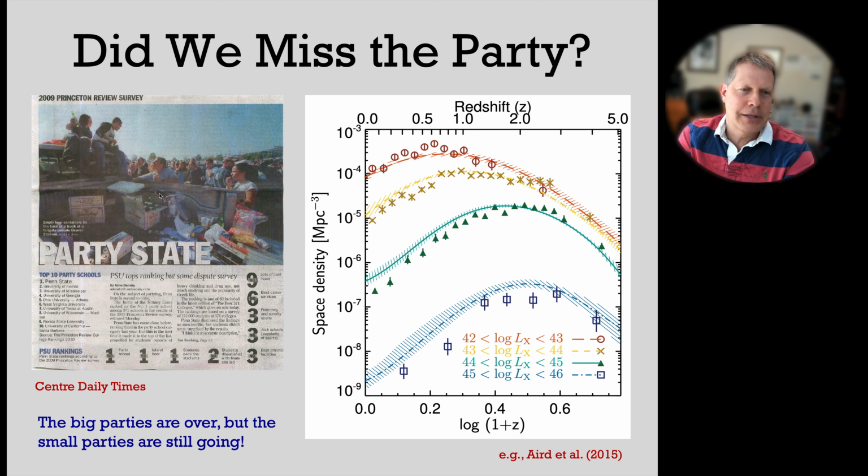So as I tell the Penn State undergraduates, they don't have to worry so much. We didn't, in fact, miss the party so badly. We missed the really big scale parties, but there's lots of small ones still going. And you can still get in on some of the party action. We haven't missed that. We didn't miss the entire cosmic party when all of the massive black holes formed. Okay, so in any case, that's that important matter.